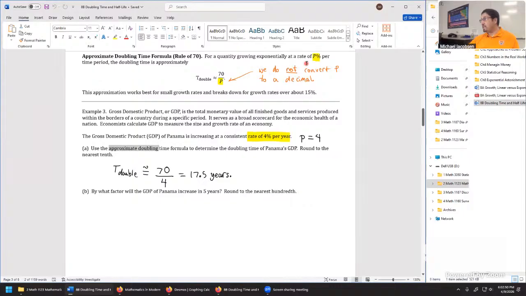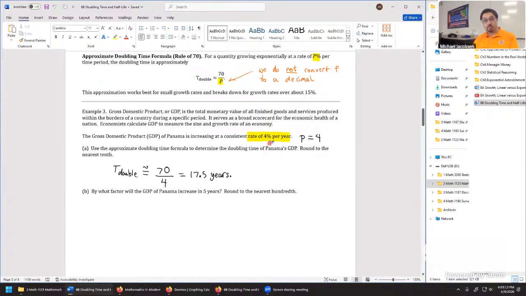So if a quantity is growing exponentially at a rate, p% is how our author dubs the rate in this context, the doubling time by the so-called rule of 70 is 70 divided by p, where that's not converted into a decimal number. So that's what we looked into for the gross domestic product of Panama.